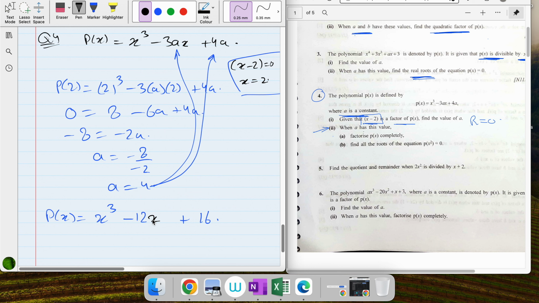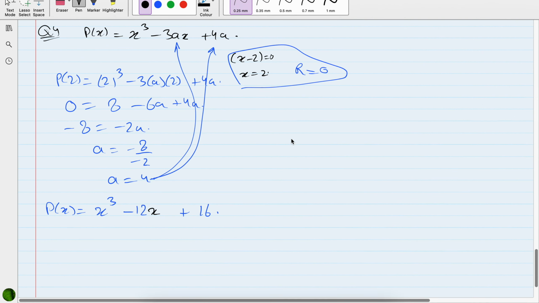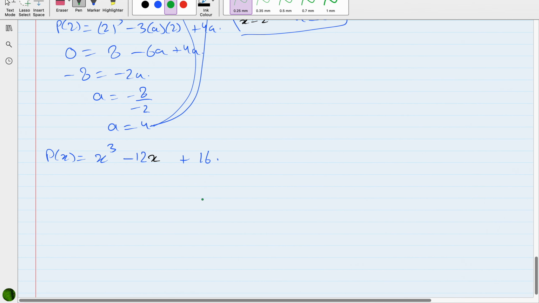So we have to factorize this completely. First factor is known, that was x minus 2. It was given x minus 2. So this is x cube minus 12x plus 16, which is divided by x minus 2.